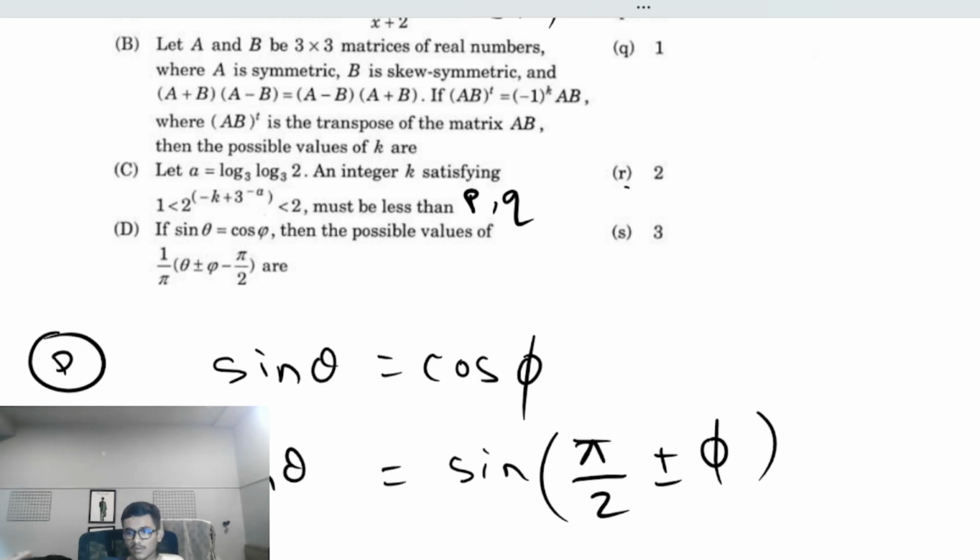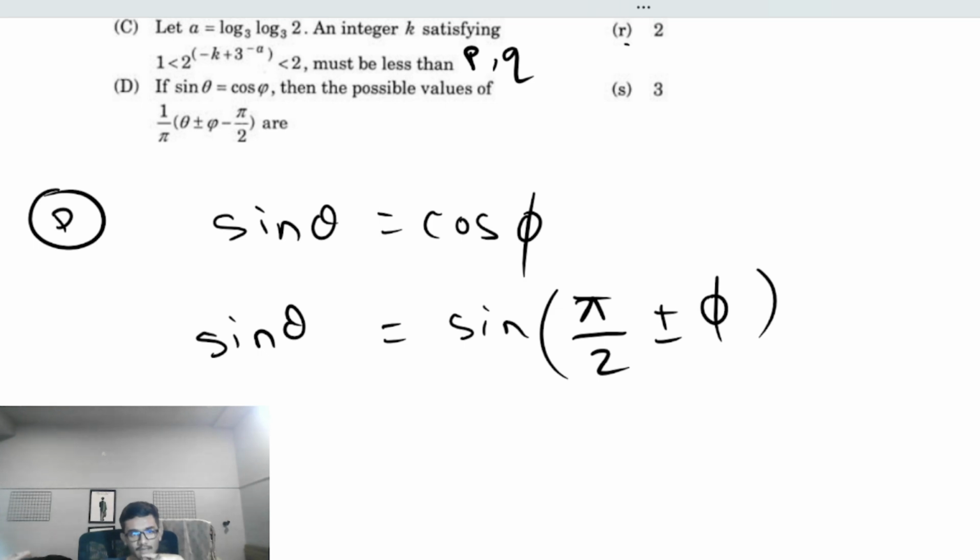And we know a general solution in which if sin theta is equal to sin alpha, then theta is given as n pi plus minus 1 to the power n times alpha, right?